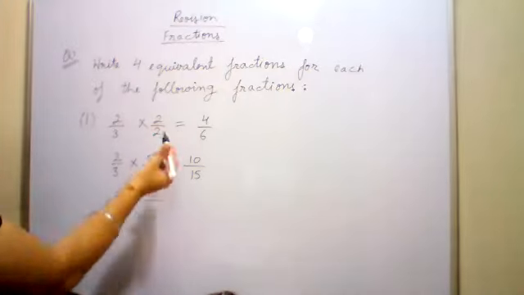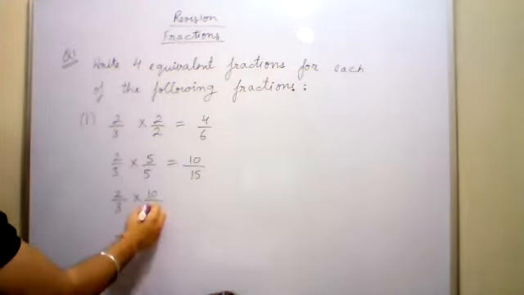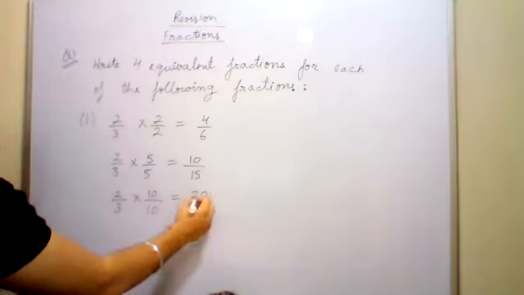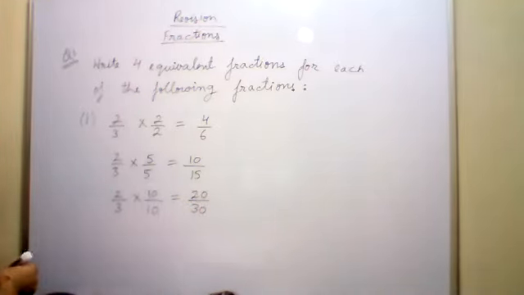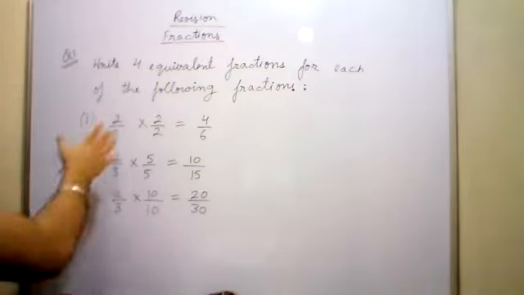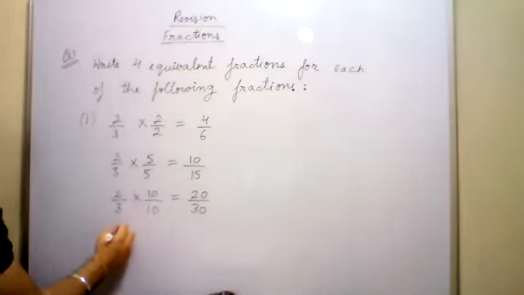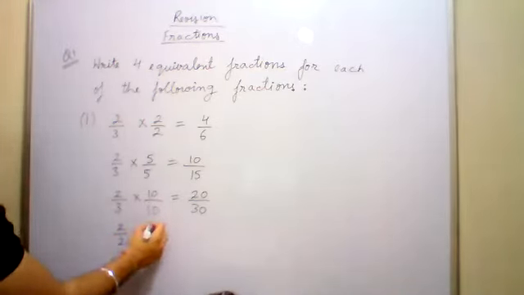You can multiply by 3/3. You can multiply by 4/4 also, whichever you like. So these are the three equivalent fractions. Similarly, sir, we had to find four. One more. Okay, one more we can do. 2/3, now let us multiply by 7/7.